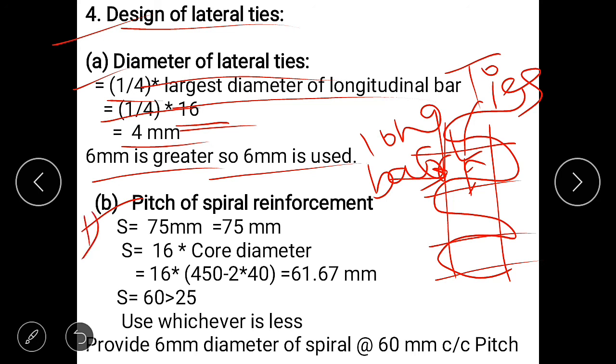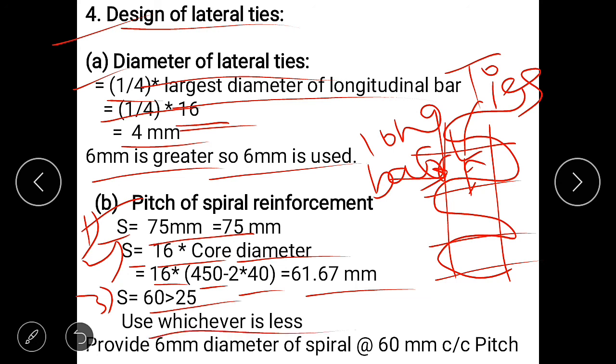So first is 75 mm, second is 1/6 into core diameter. How do we calculate the core diameter? 450 is the diameter of the column, minus 2 into 40, so 1/6 of that is 16.67 mm. And third is 25 mm. Take the 25 and the 60 and use whichever is less.